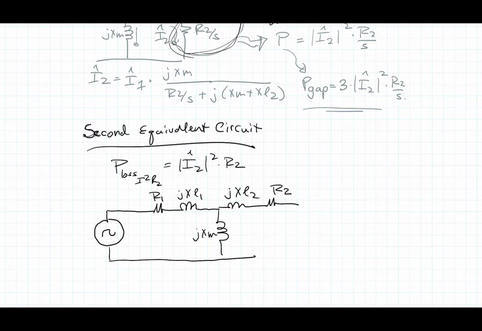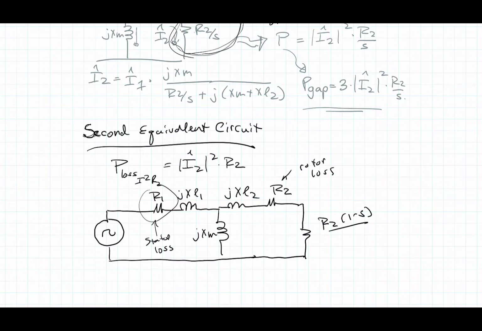Now I'm going to split out the losses. So this is the winding losses of the stator. This is the rotor loss. And then what's left here is associated with the power that's applied to the shaft. This becomes R2 (1 minus S) over S. It's just manipulating everything to get it into this form.